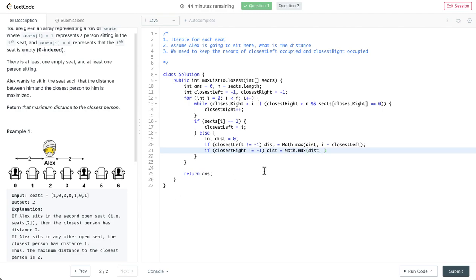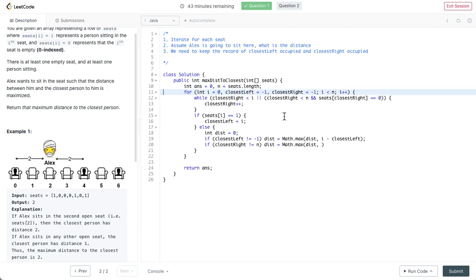So hold on, if it is not equal to n, actually I can put the variable in the for loop. If it is not equal to n, then it means that there's something on the right.